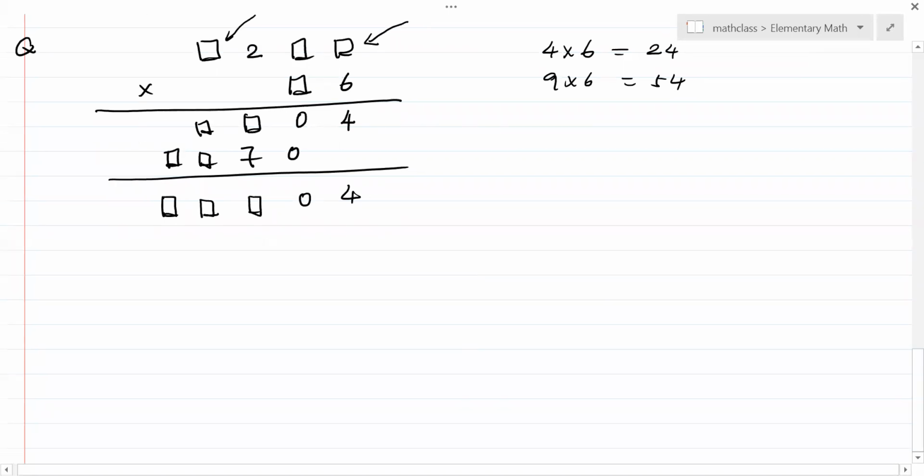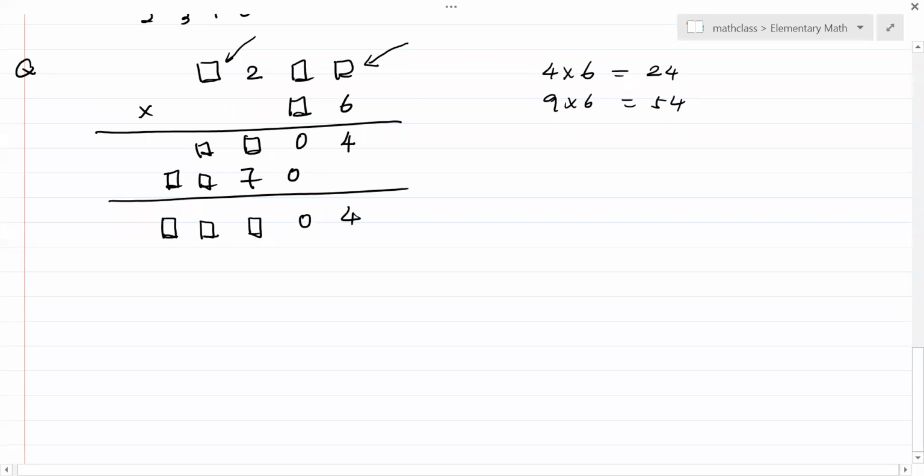But let's figure out the thousandth digit in the first number. You see, that number times 6, this 4-digit number on the very top, times 6, you still get a 4-digit number, right? So that number cannot be too large.